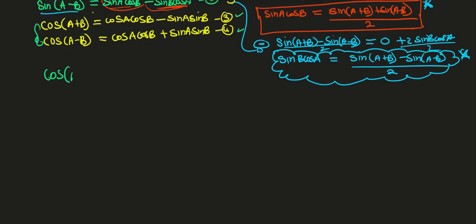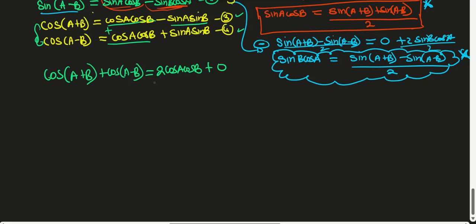So we get cos A plus B plus cos A minus B, and all of this will be equal to 2 cos A cos B, minus sine A sine B plus sine A sine B, and if we add that, we get 0.